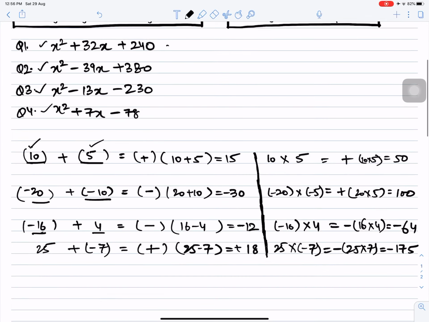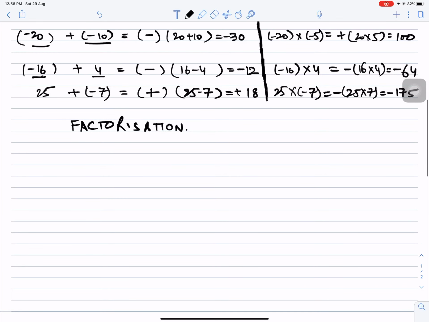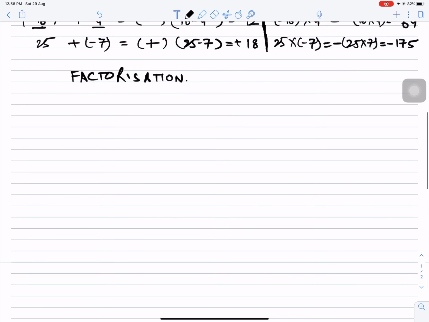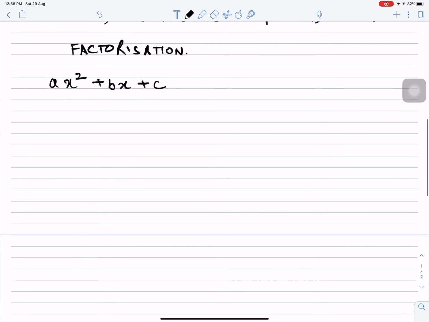Now let us start the factorization method. Before that, I will explain one thing, the rule. ax square plus bx plus c is my quadratic equation, and I have to solve this equation. First of all, you have to write in rough a multiplied by c.